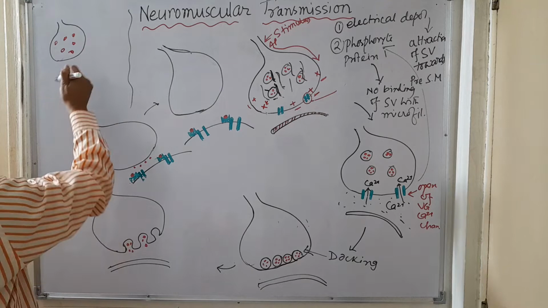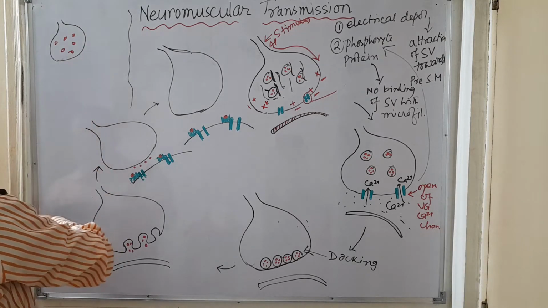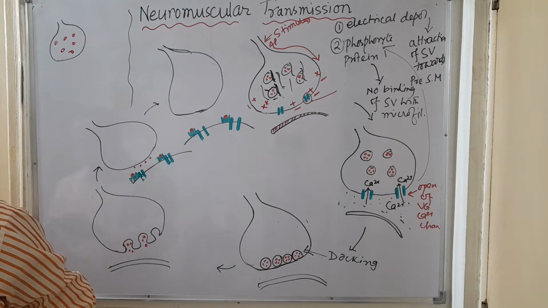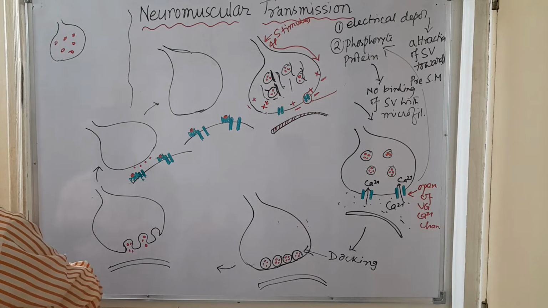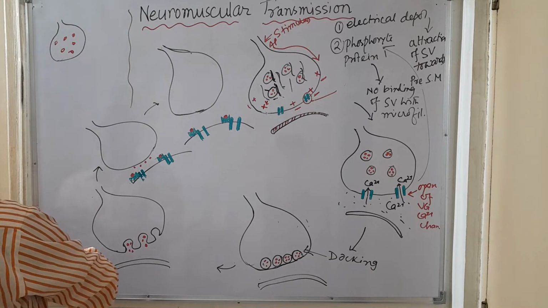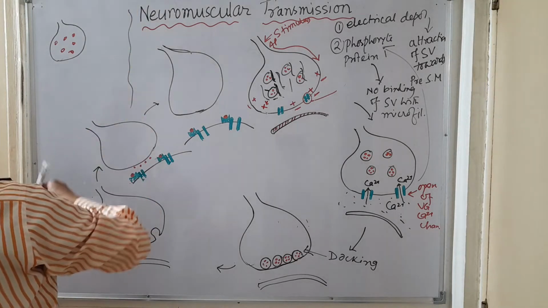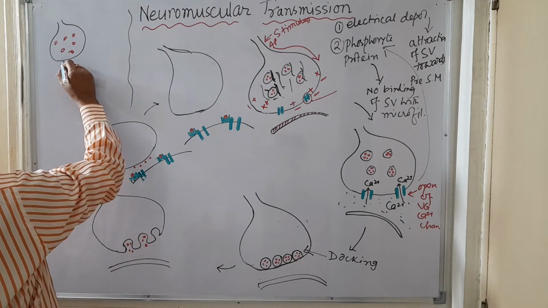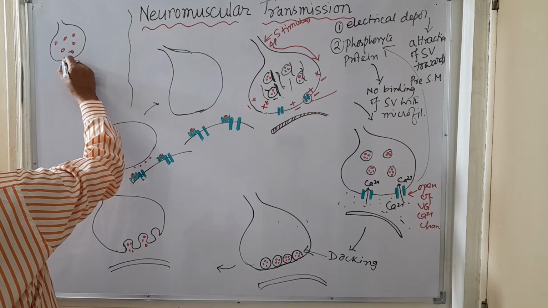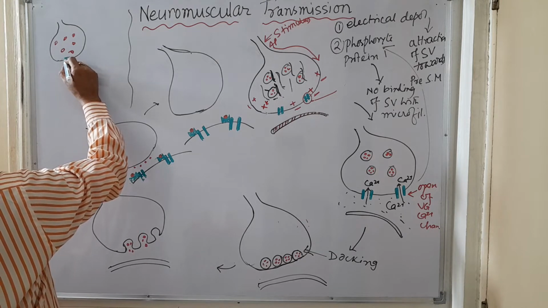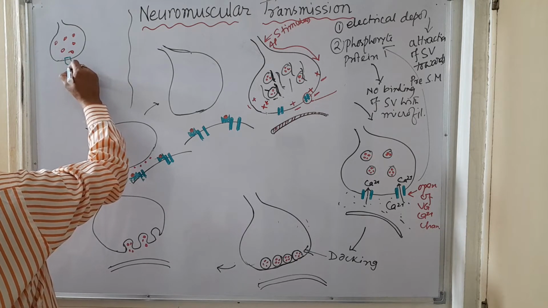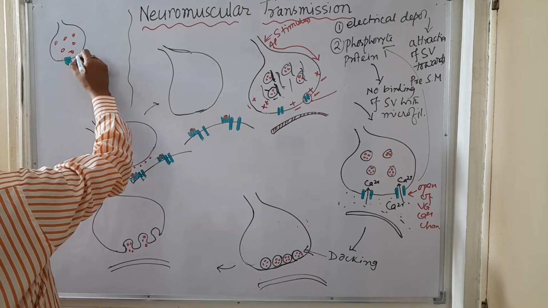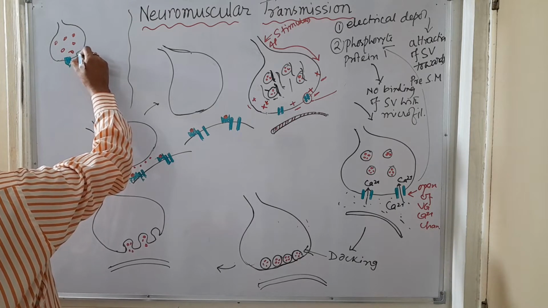Now on the wall of the synaptic vesicles, there are some proteins which are known as synaptobrevin.